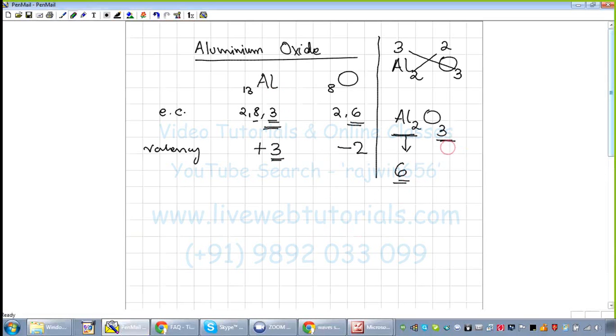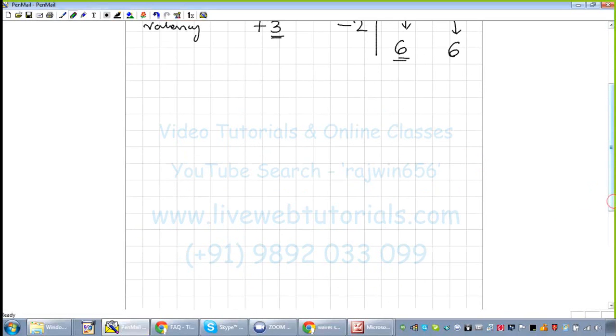While for oxygen, one oxygen atom can accept 2 electrons, so 3 oxygen are going to accept 6 electrons. So basically there will be 2 aluminium atoms which will give 6 electrons, and these 6 electrons will be distributed amongst 3 oxygen atoms. So I can show the figure like this.